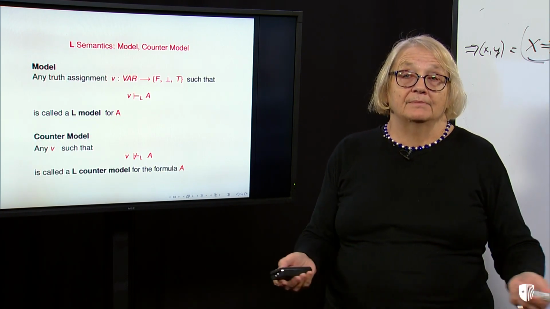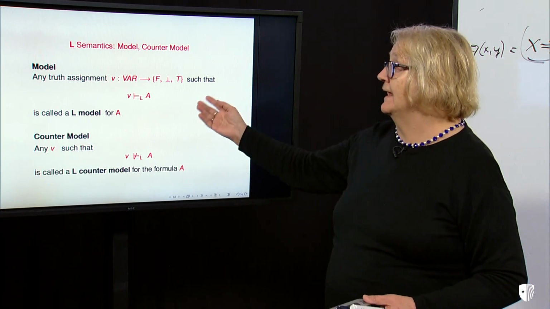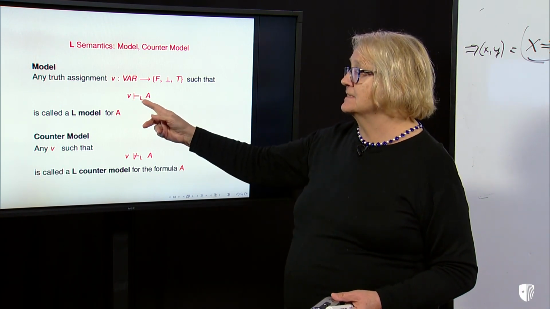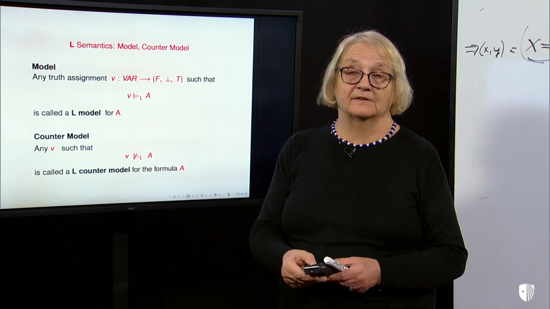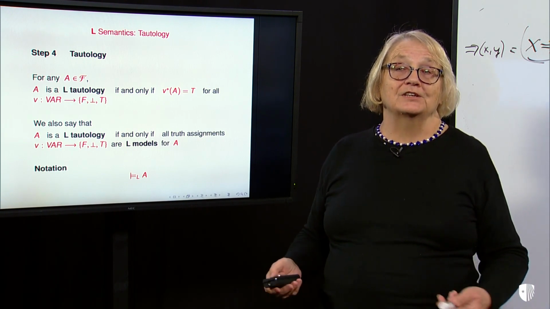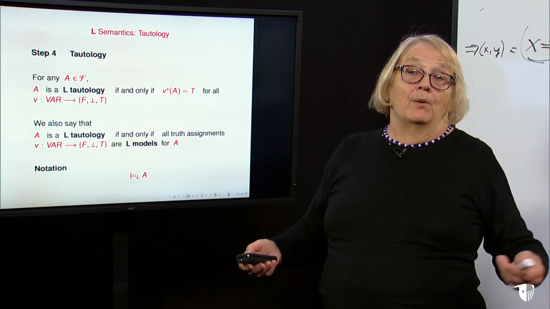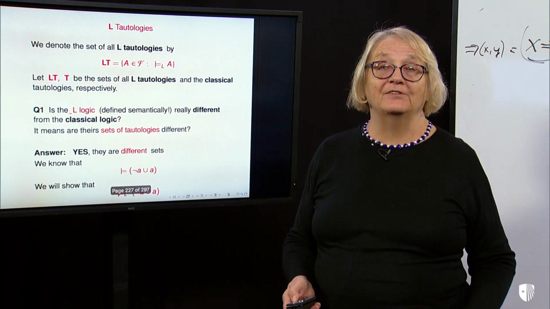And a model is now called an L model: any v that satisfies the formula. A countermodel is a v that does not satisfy it. An L tautology is a formula where all v are models, so you have exactly the same pattern.